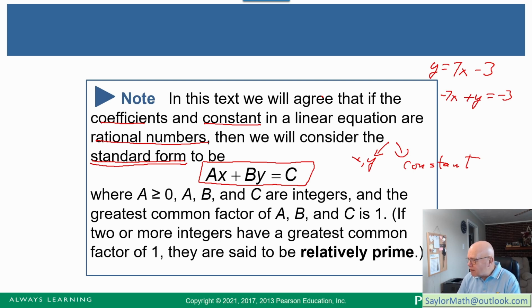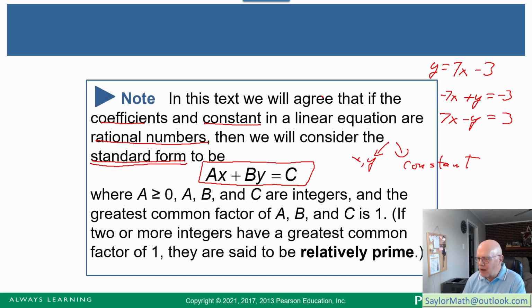Now you don't have to do this, but typically when you write this ax plus by equals c, this first term is positive. So what you can do is multiply through by -1, and you get 7x minus y equals 3.